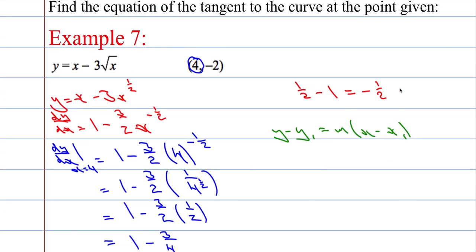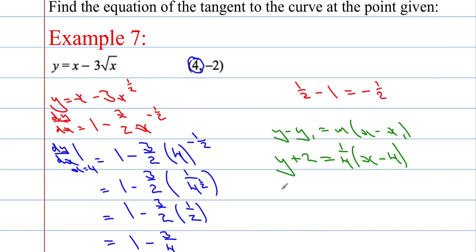Remembering, equation of a tangent is the equation of a straight line, so you need the gradient and you need a point. We have the point, we also have the gradient. So we get y minus y1, so y plus 2 in this case, equals m, the gradient that we've just worked out, which is a quarter, times x minus x1, so minus 4.